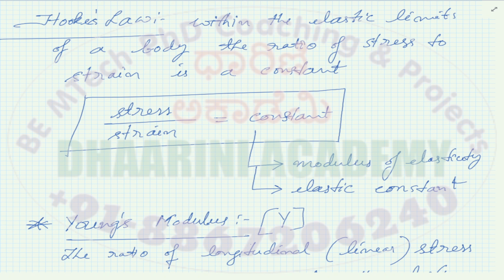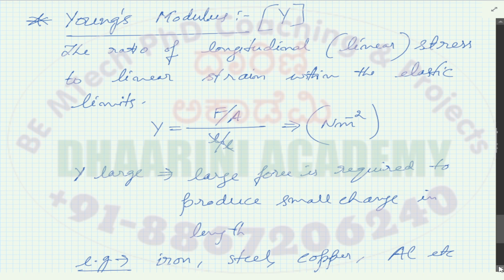How much force is developed longitudinally per area, divided by the change in length per unit original length. That's what is called strain, linear strain. So Y has the following units: F by A divided by length by length, which cancels because it's the same unit. F by A means force is newton, area is meter square, so newton per meter square is the unit of Young's modulus.